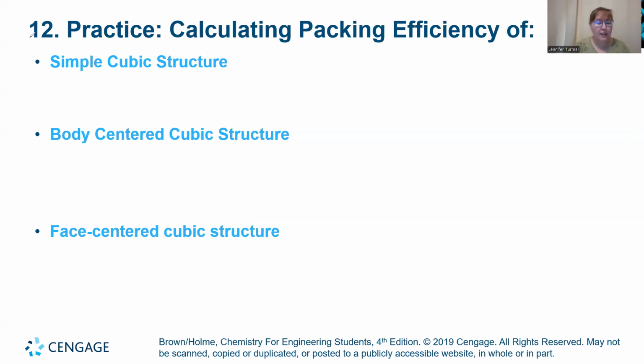When you're dealing with a simple cubic unit structure, remember that the a for a simple cubic is 2r, and that the volume of our cell is going to be (2r) cubed. So the packing efficiency is the volume of our atoms divided by the volume of our cell times 100%.